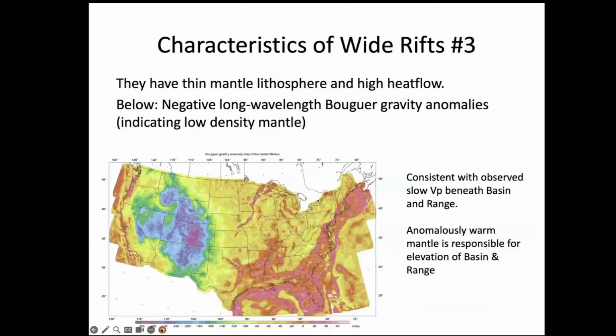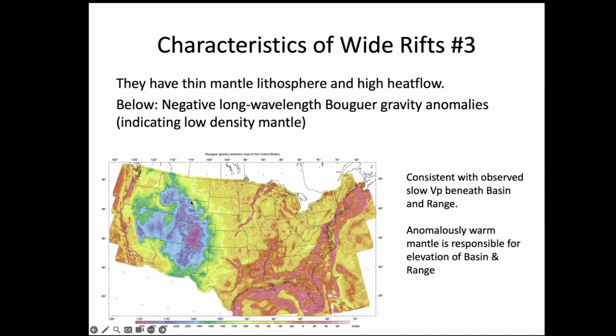All right. Now, another characteristic of wide rifts is that they have thin mantle lithosphere and high heat flow. So here we're looking at the long wavelength Bouguer gravity anomalies, which are indicating where the low density mantle is. That's asthenosphere.